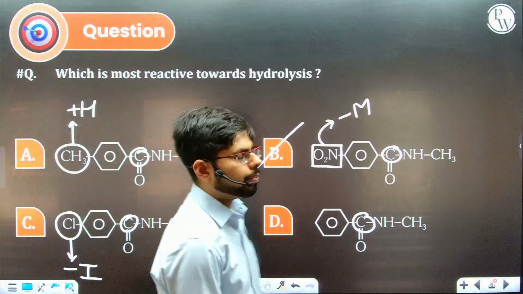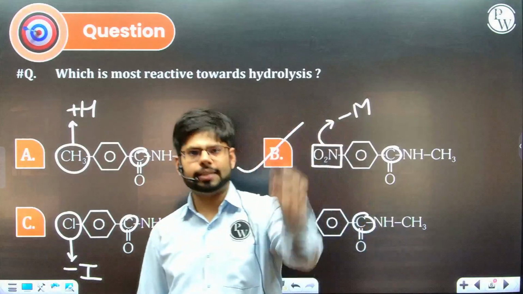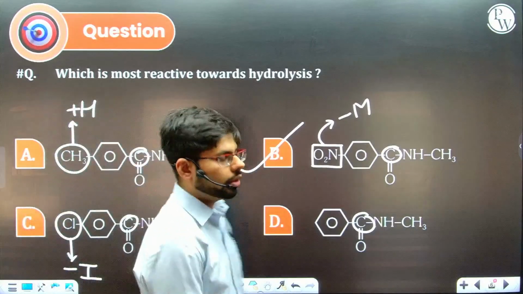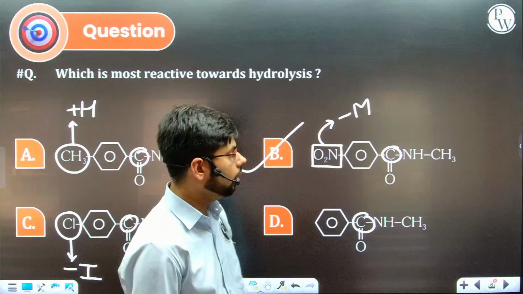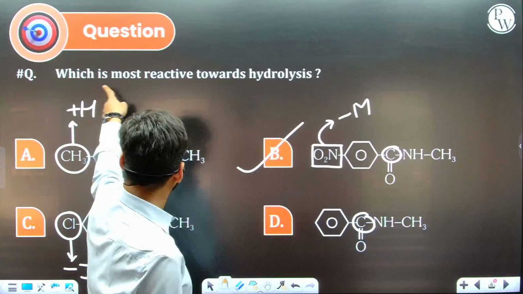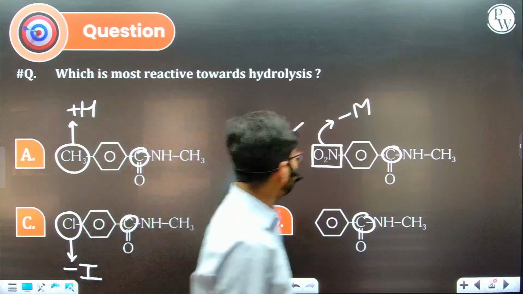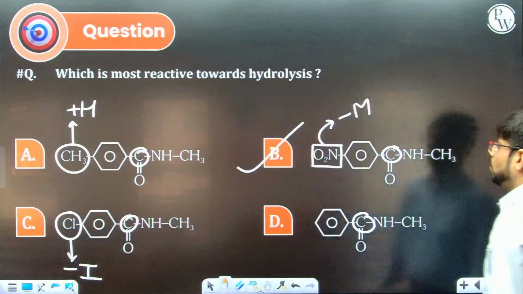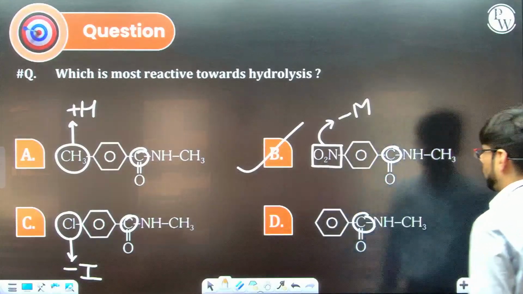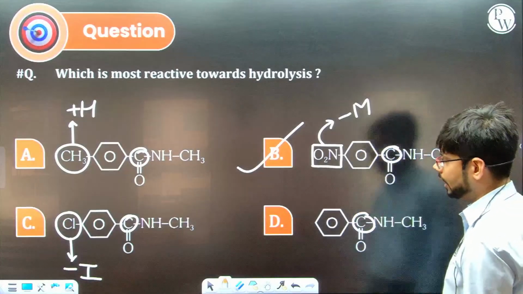Plus H and plus M effects will decrease the electrophilicity of this carbon, and hence reactivity towards hydrolysis goes down if there is more of plus H or plus M. Hence B is the correct answer because they have asked for the most reactive compound. So minus M is desired if I want higher reactivity towards hydrolysis. Whenever we have C double bond O, keep this in mind.